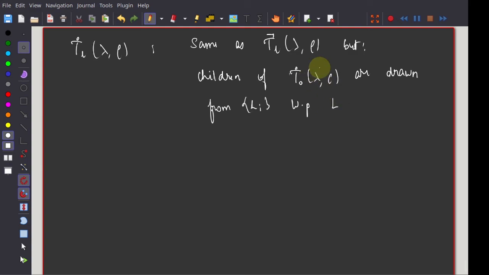So remember, we had a lambda of x and a rho of x. Now, lambda of x, so basically we choose h are drawn in Li.